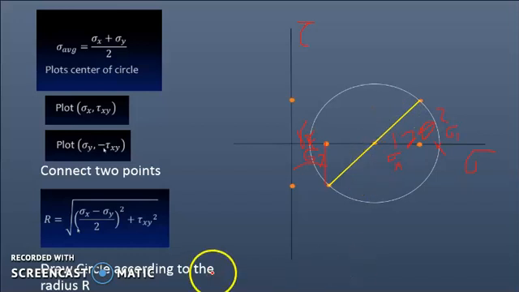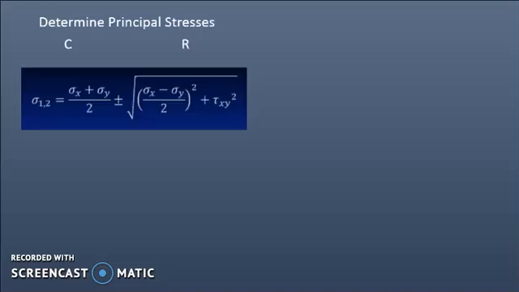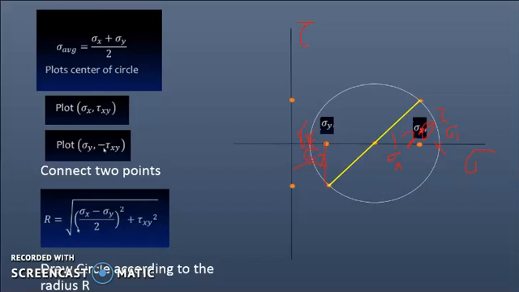Those things we can find with the help of sigma x and sigma y. If we go back, we can see here the principal stress sigma 1 is nothing but the center point plus the radius.